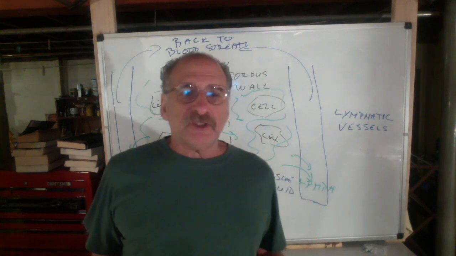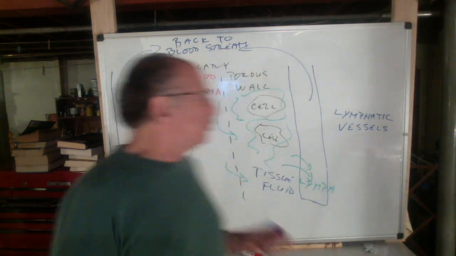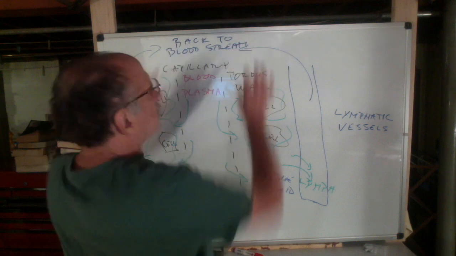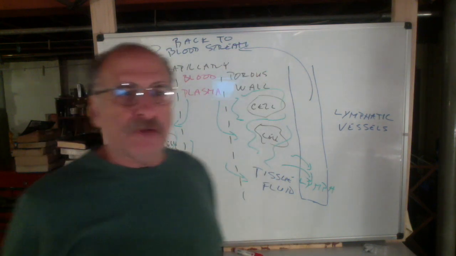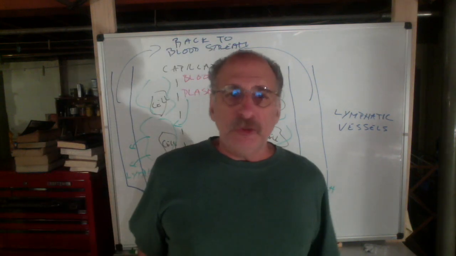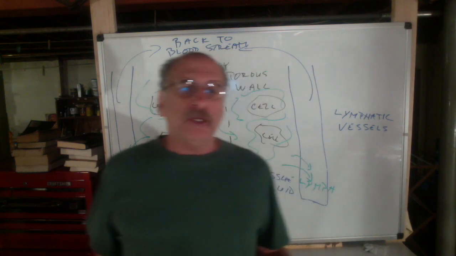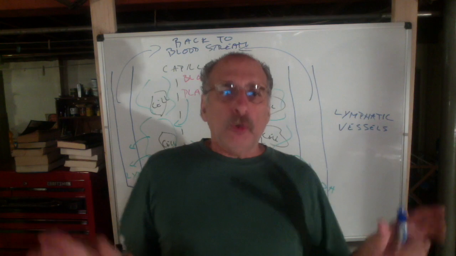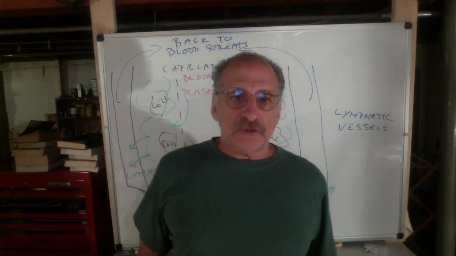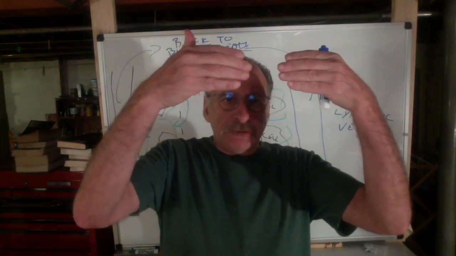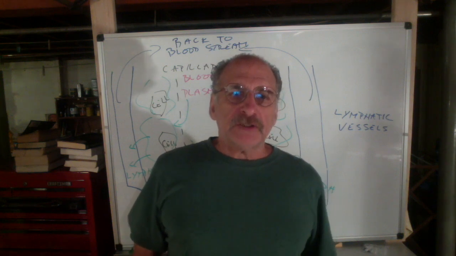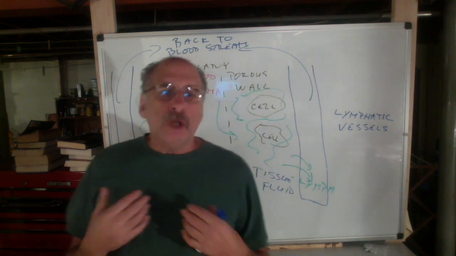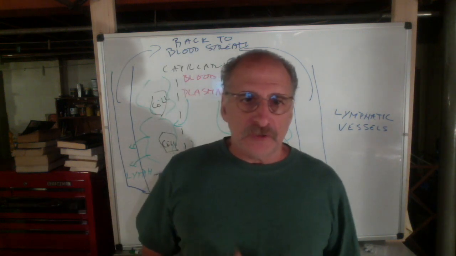But I haven't said where these tubes connect back into the cardiovascular system. Now you may know that. You may have known that before you got here. But I didn't tell you where those lymphatic vessels connect back into the cardiovascular system.